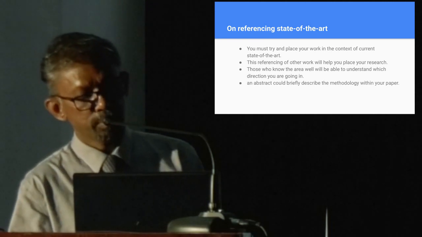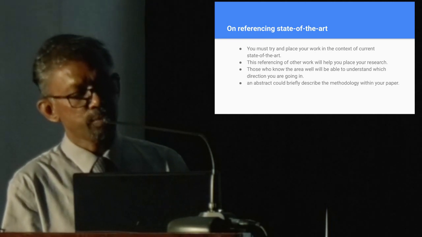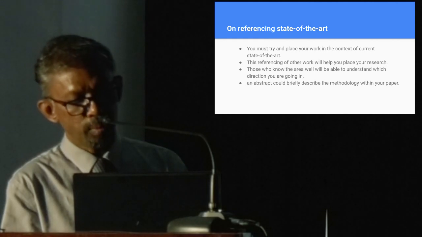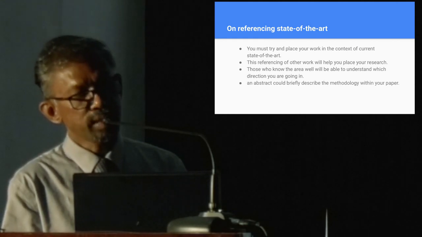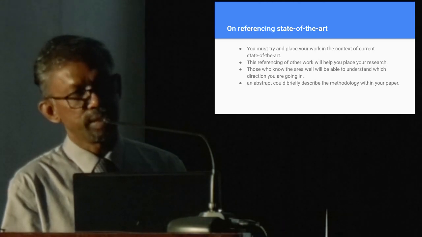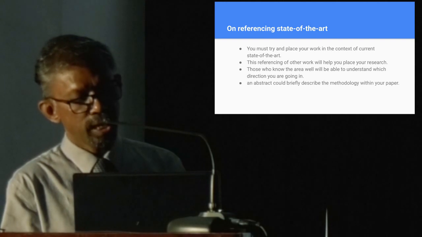So as I mentioned about referring to the state of the art, it is important to have a good understanding about the state of the art. This, of course, you will gain when you do the literature review, which we'll talk about in a minute.